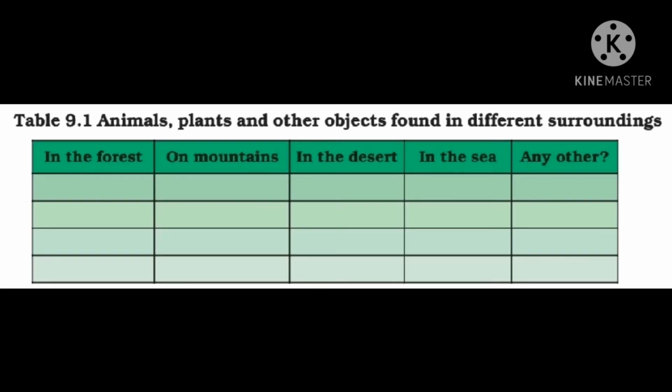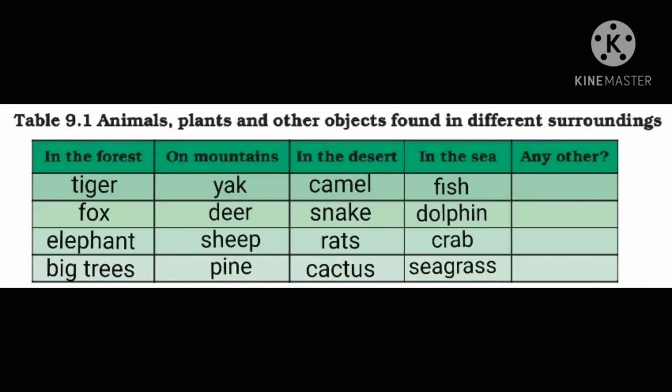Table 9.1. In this activity, you have to write the name of animals, plants and other objects found in different surroundings. After completing the box, you can see the names of animals and plants are different in different boxes. Right? You can write your own answers rather than these examples.